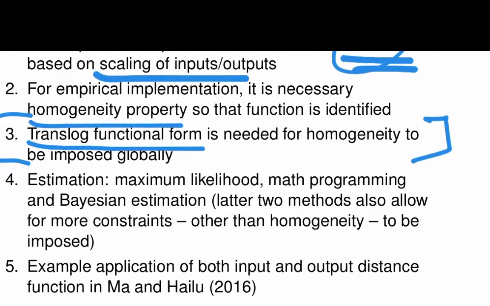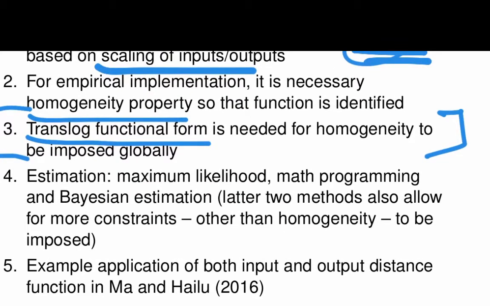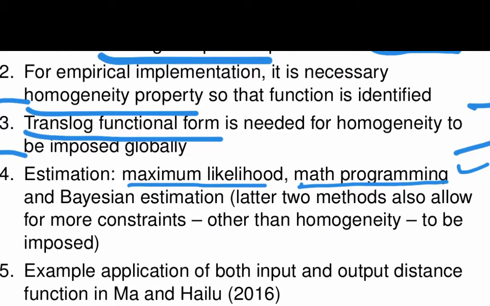And how do we estimate the distance function? We have different alternatives. Early on, when work began on using distance functions in the early 90s, mathematical programming was used because it was easy to impose some of the properties like monotonicity, linear homogeneity obviously, and so on, but not the curvature ones because they tend to be complex. So mathematical programming was used in the 90s, but it's also possible to estimate distance functions using maximum likelihood methods.